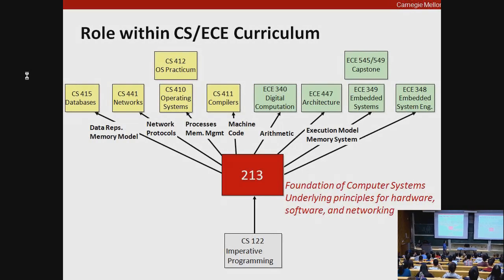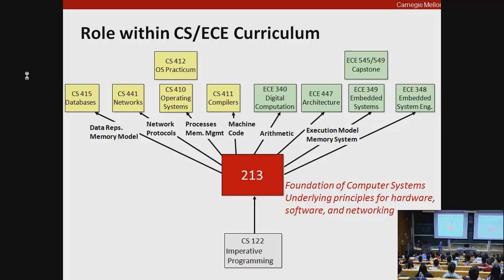The role within our curriculum. 213 is critically important for a huge number of classes. At the end of the day, any of the classes in CS or ECE that require building things in software require 213. It's really that simple. That's not all that there is to computer science. Okay?